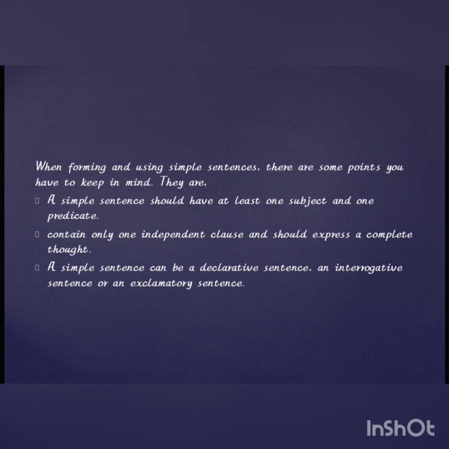It should contain only one independent clause, and it should also express a complete thought. An independent clause, in other terms, gives us a complete sense. So both are equivalent.